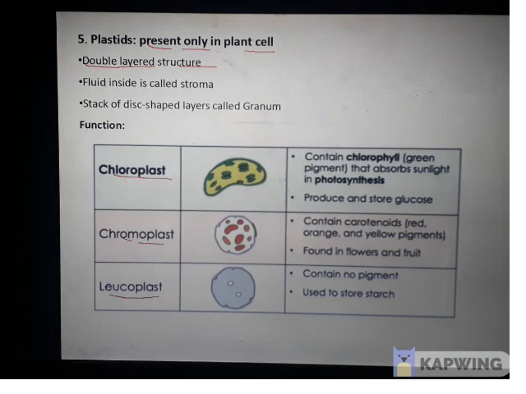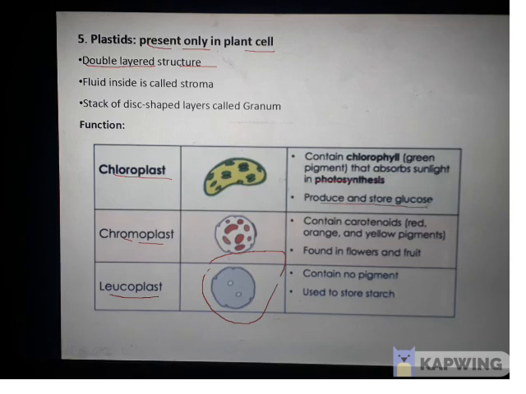Out of these, leucoplast does not have any color. Chloroplast has green color. Chromoplast can have many colors like red, orange, yellow. Now this chloroplast is very important. As you know, it contains chlorophyll, a green pigment that helps in the process of photosynthesis. That means it produces and stores glucose.